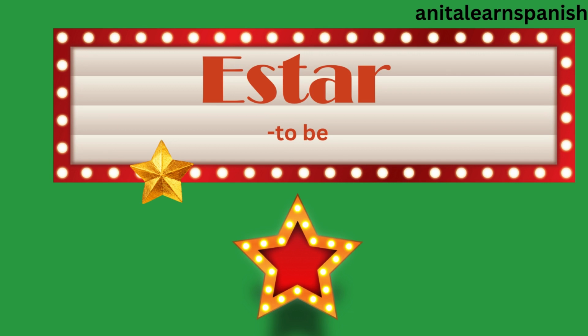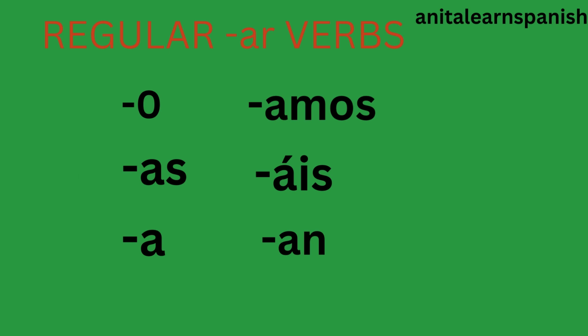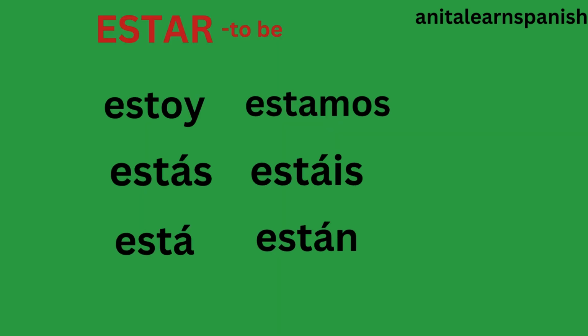Well, let's first talk about the conjugation of the verb. We have to revisit the endings for regular AR verbs because estar is very similar to regular AR verbs. So here we are. We have estoy, estás, está, estamos, estáis, and están.